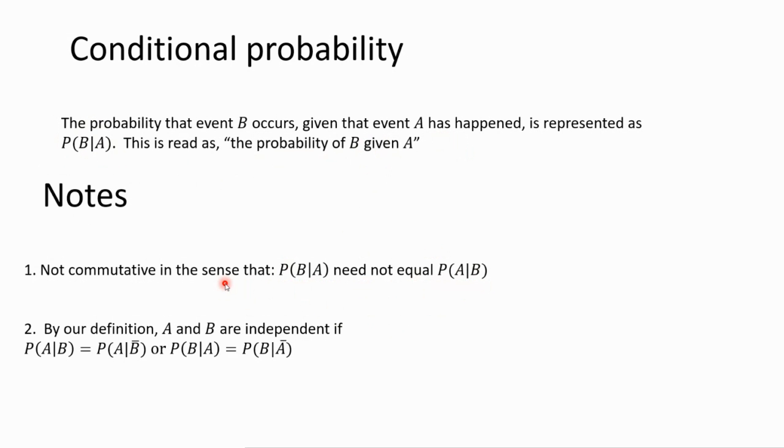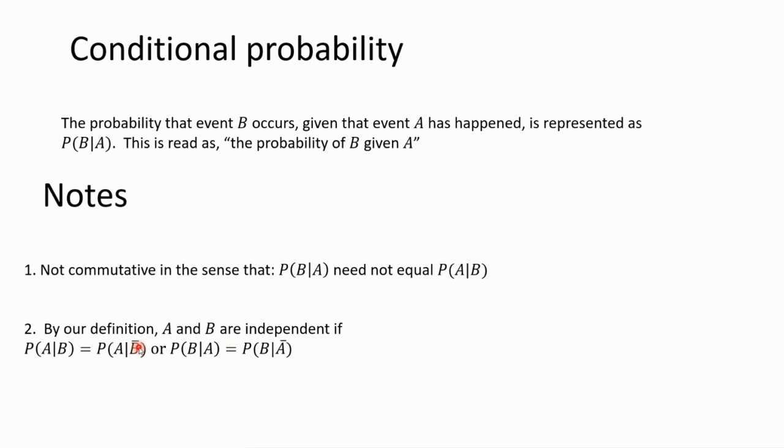Now, there was something I misspoke in the definition of independent. I do apologize for that. Not really the definition, I guess, but something I wrote last time. For A and B to be independent, you have to have the probability of A given B equal to the probability of A given B complement, which means that B has not occurred.